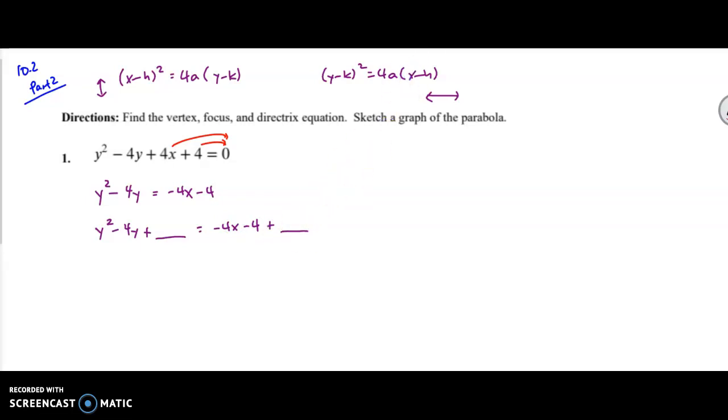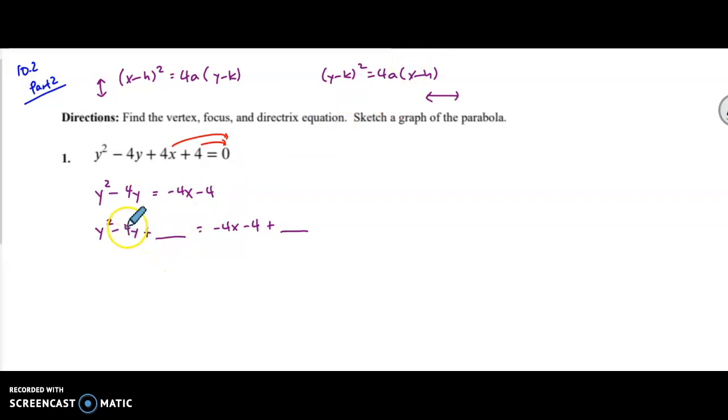These are going to be the same, because what you do to one side of the equation, you have to do the same to the other side to keep it balanced. I also know that this is going to be a plus each time, because when I square something, even a negative, it's always going to be positive.